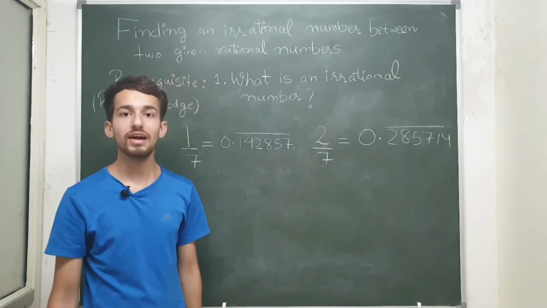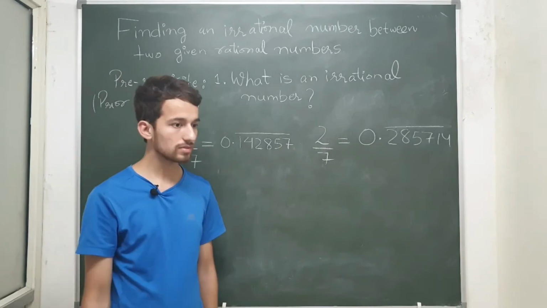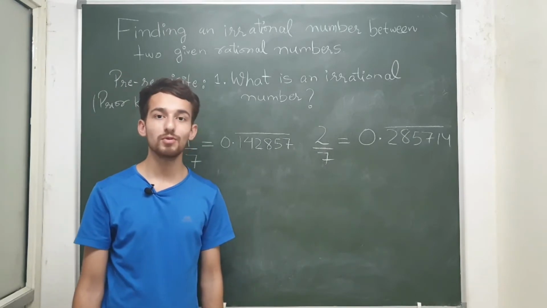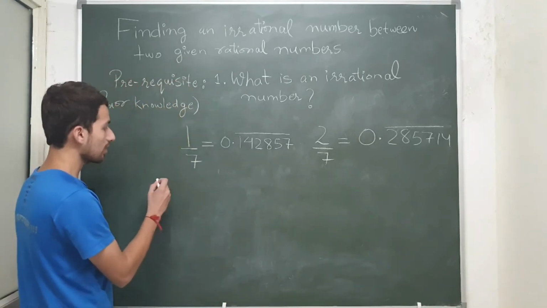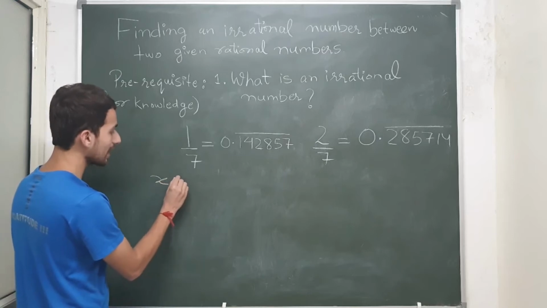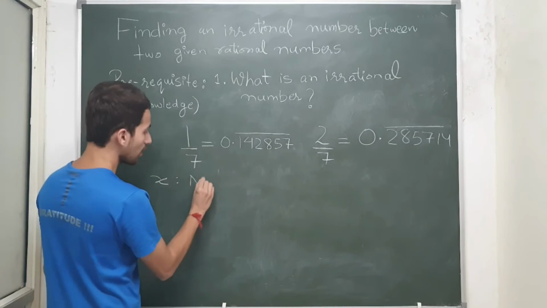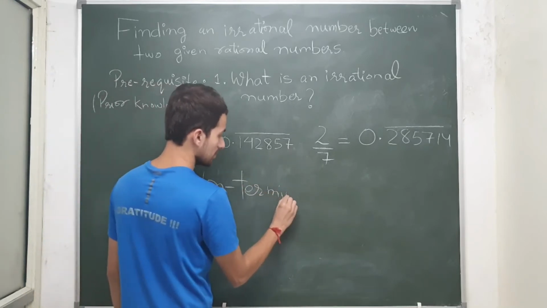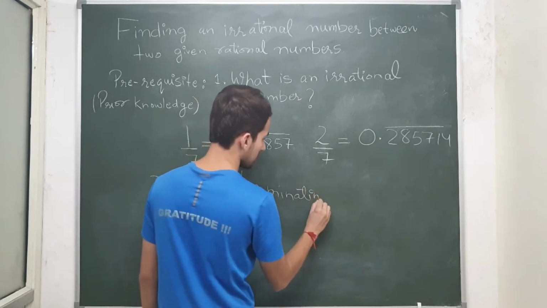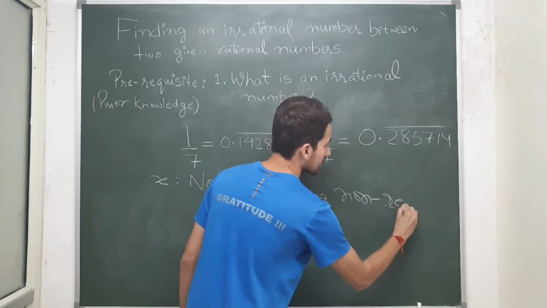Now we are interested to find an irrational number lying between these two decimal representations. So if you recall, an irrational number was a non-terminating, non-recurring decimal representation. Suppose I call my x, this is my irrational number which I am interested to find, then this x should be a non-terminating, non-recurring decimal.